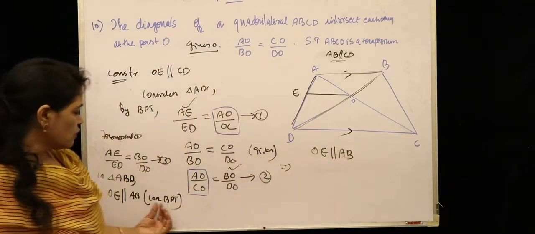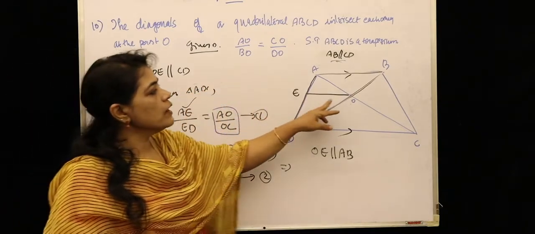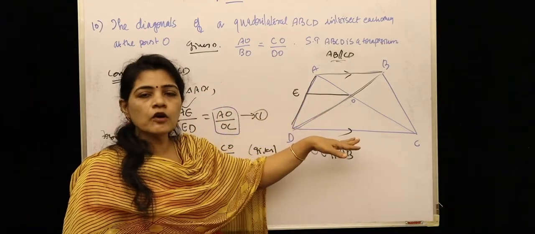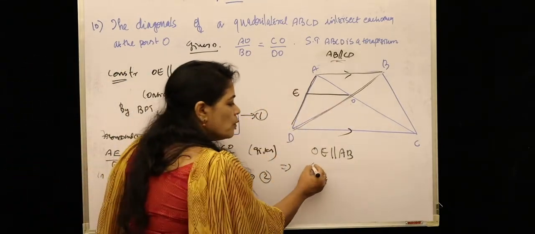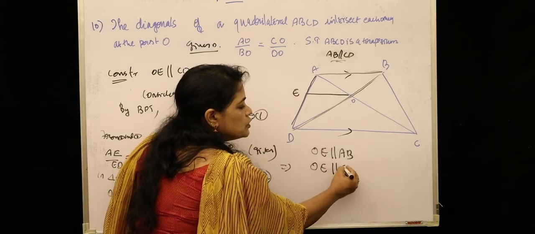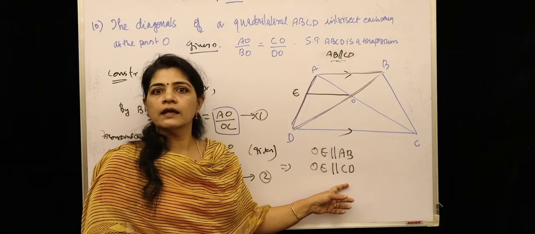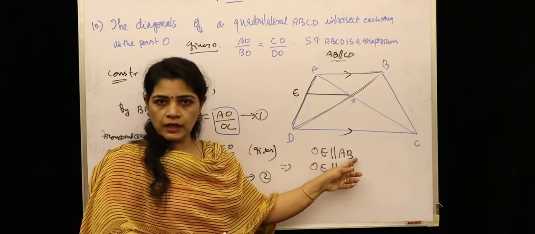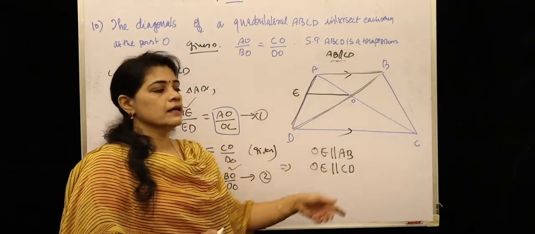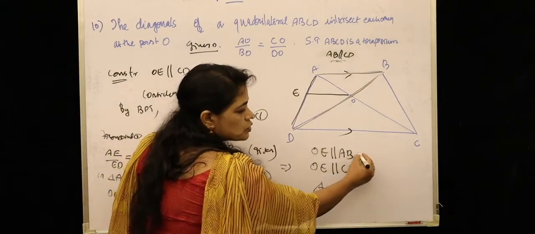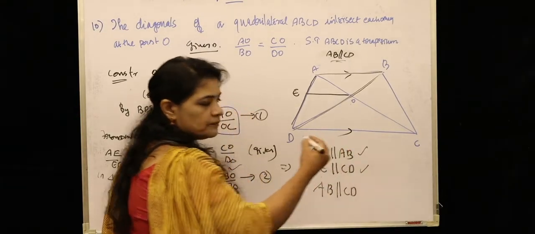So now from equation 3 we have OE parallel to AB. By construction, how we started this problem, OE is parallel to CD. So OE parallel to CD. See children, from these two, what you can write? Since OE is parallel to AB, and that line is parallel to another line, this implies AB is parallel to CD.